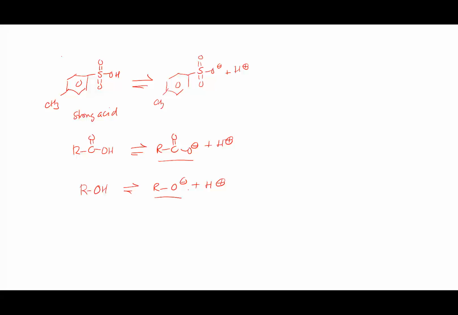Because of resonance. The carboxylate has two resonance structures. The more resonance structures you have, the more stable you are. So more resonance structures, more stable conjugate base, the equilibrium pushes to the right, and you get more H+. The more H+ you get, the stronger the acid. So that's why carboxylic acid is a stronger acid than an alcohol.